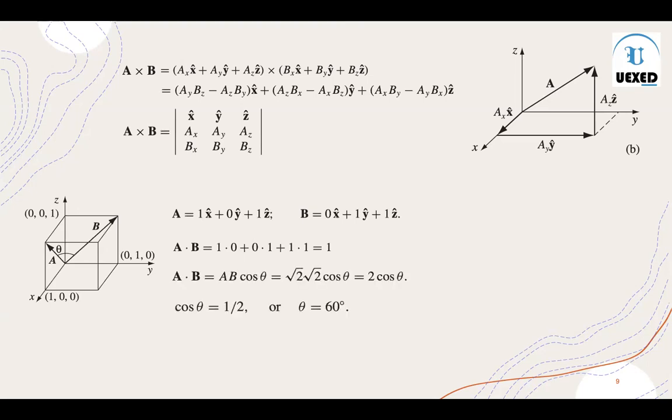So we did up to this, and then we defined the dot product with the cross product of three vectors.